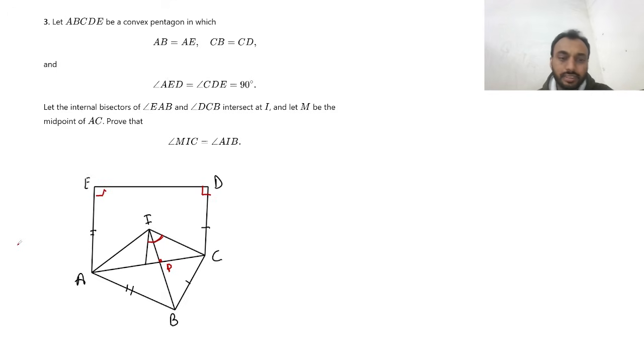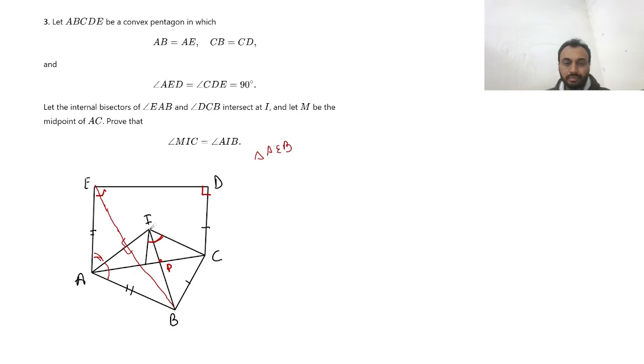So before moving to how it is a median, we will first see what we can get from the given things. Like we are given it is an angle bisector, right? And this AE and AB are equal. So if I draw EB, can I say that AI will be a perpendicular bisector of EB, because AEB is an isosceles triangle?